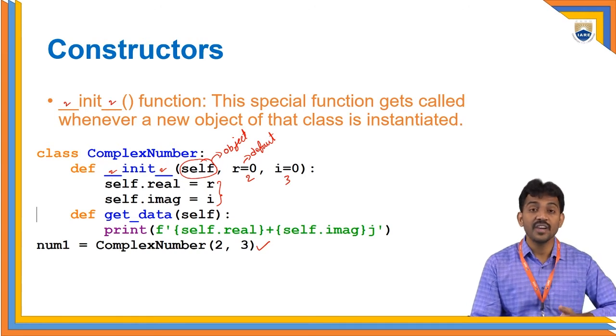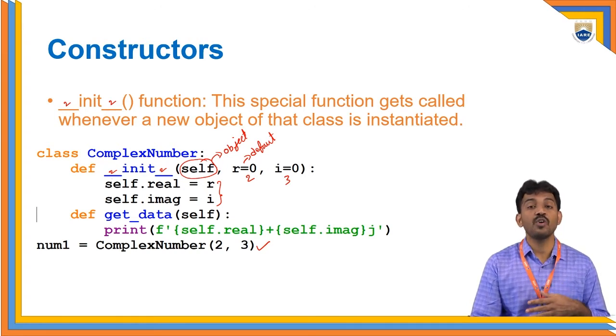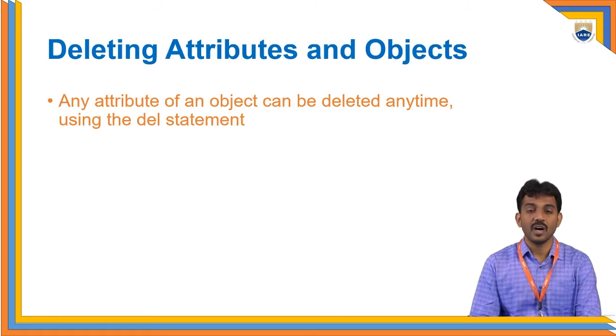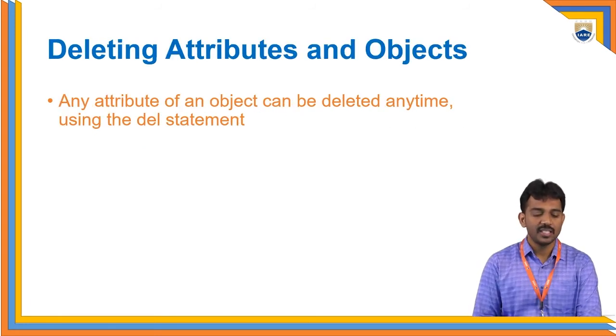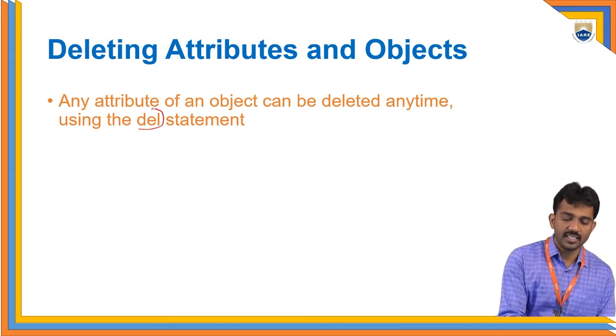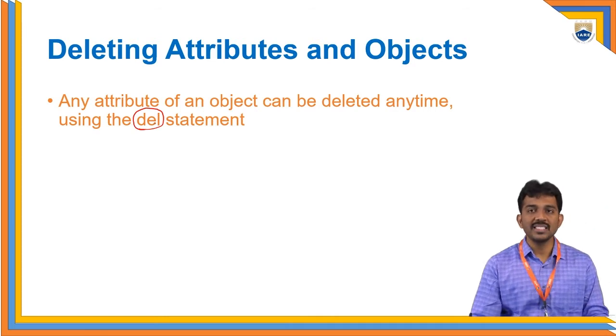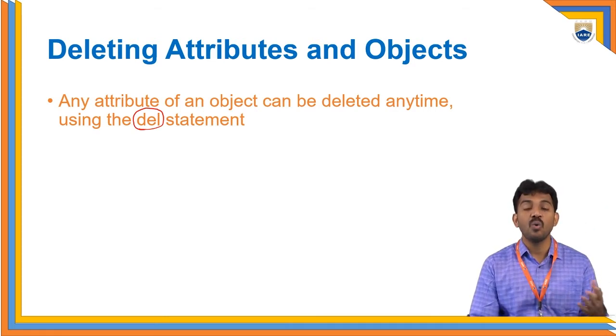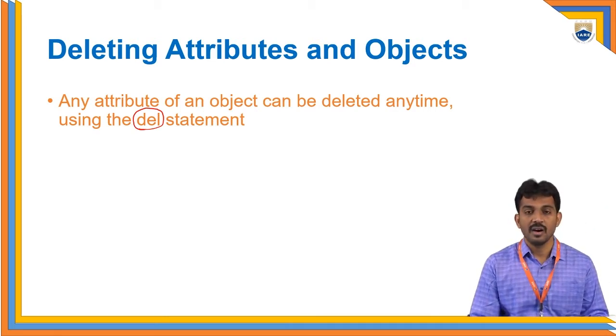How to delete the variables, or how to perform a destructor? I'll tell you how to delete a variable. See, del is a keyword. By using the del keyword, we can delete variables, objects, whatever it may be.